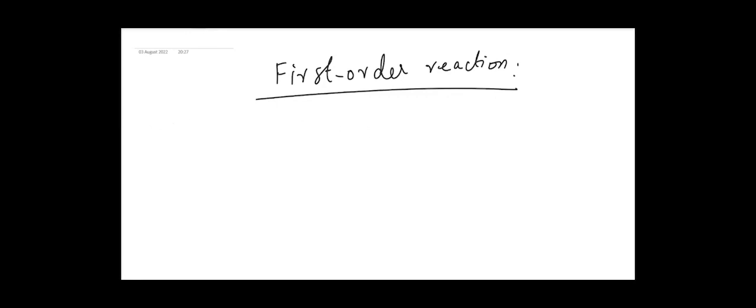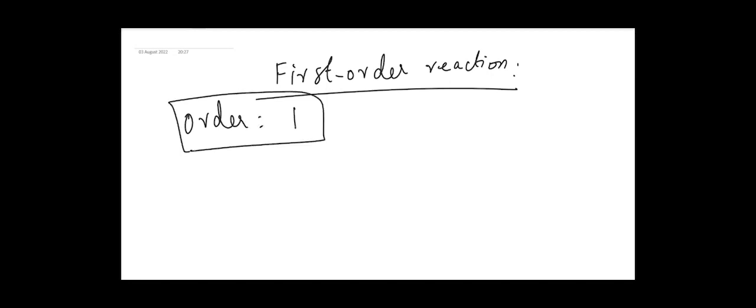Now for first order reaction, the same definition holds good. Here the order of this particular reaction is 1. So let us consider the same reaction A gives B and apply the rate law for this. Rate is equal to some k times A power x.